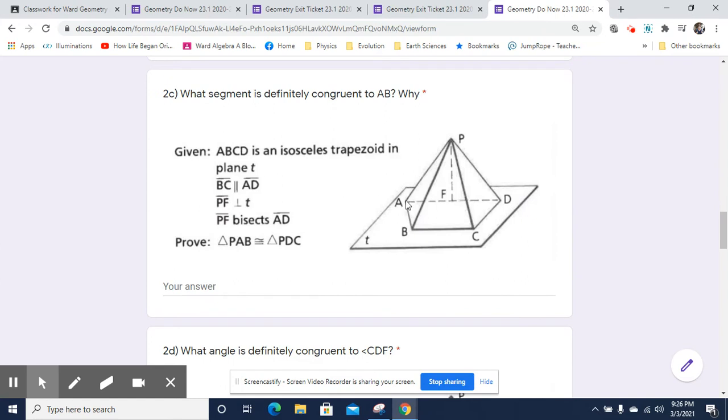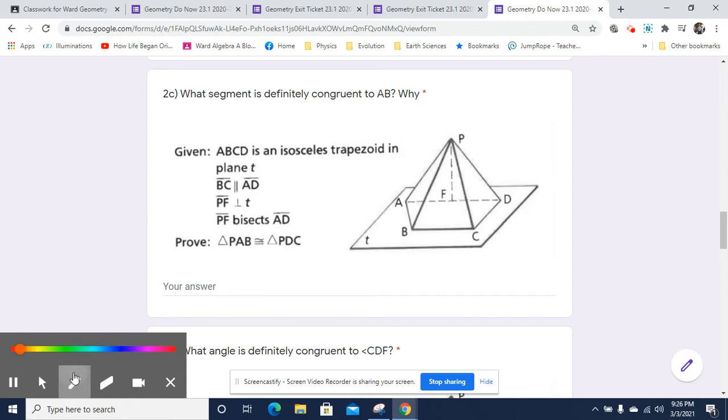All right, what segment is definitely congruent to AB? Well, if these two are parallel, and this is an isosceles trapezoid, then AB and CD are the legs of that trapezoid.